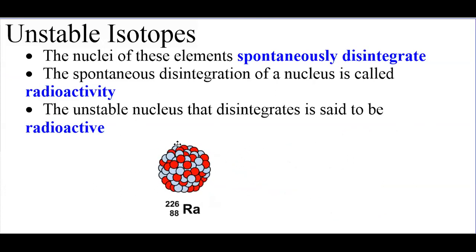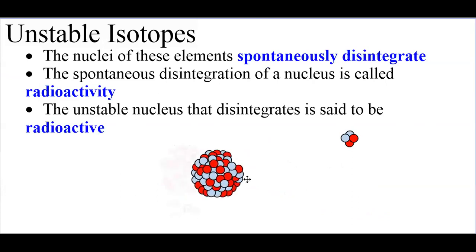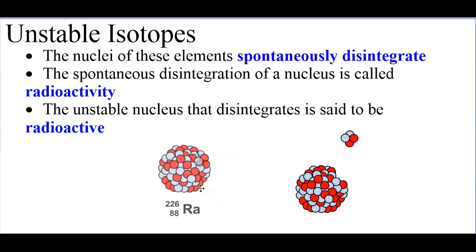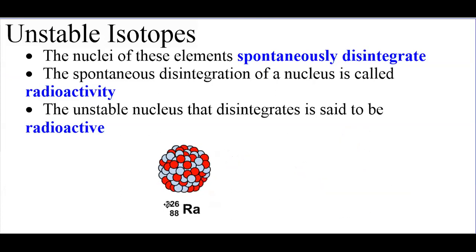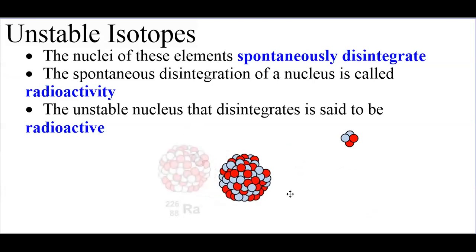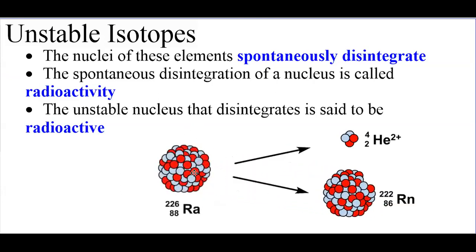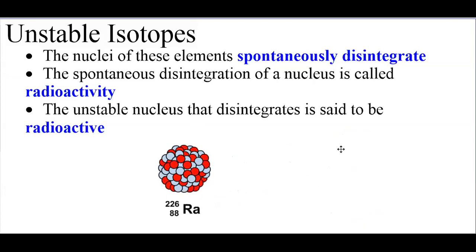So if you end up getting an unstable isotope, it depends on the size of the actual atom. In this case, radium here, this little GIF that keeps on repeating itself. Radium is a large nucleus. So the larger nuclei, anything greater than bismuth, are often going to emit an alpha particle. I'll get into that in a second.